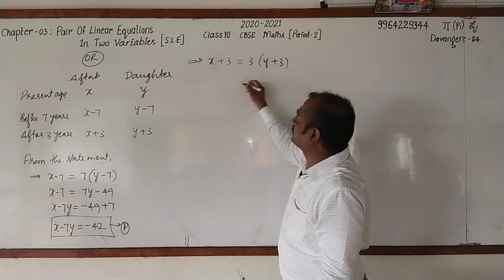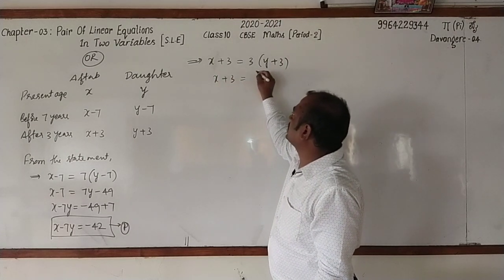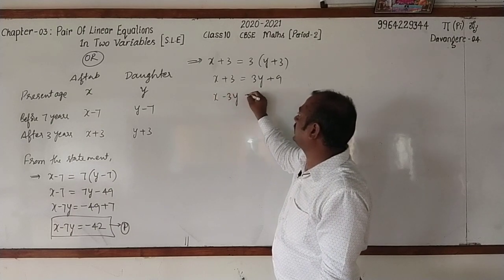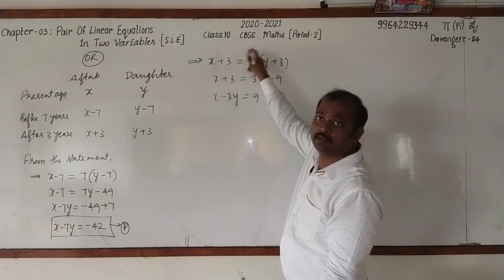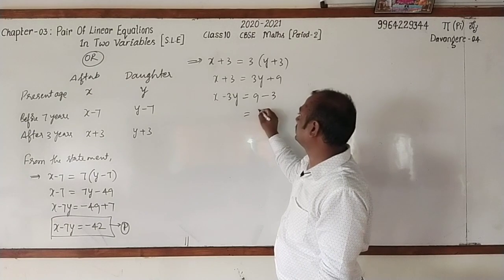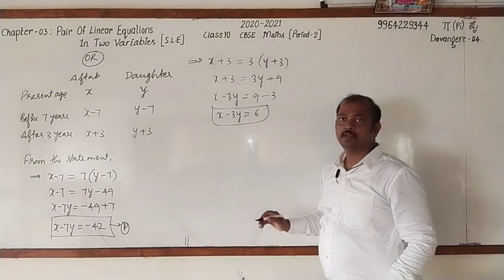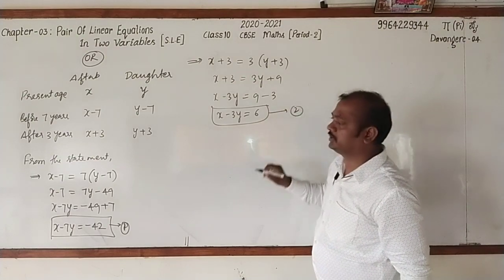The daughter's age is y plus 3. So x plus 3 is equal to 3y plus 9. So x minus 3y is equal to 9 minus 3, transferring 3 to the right hand side. x minus 3y is equal to 6. You may call it the second equation.